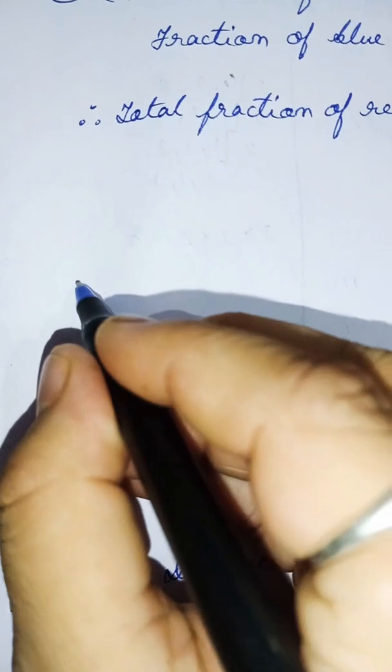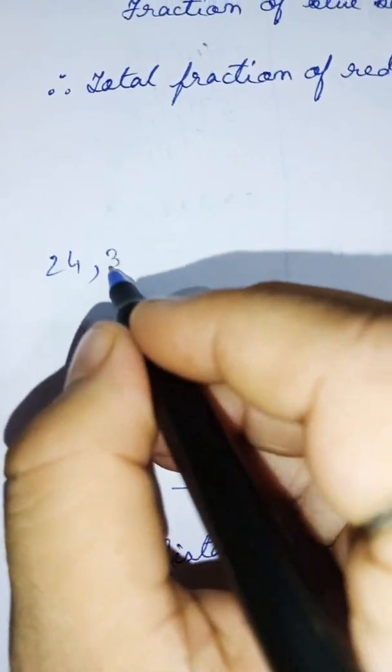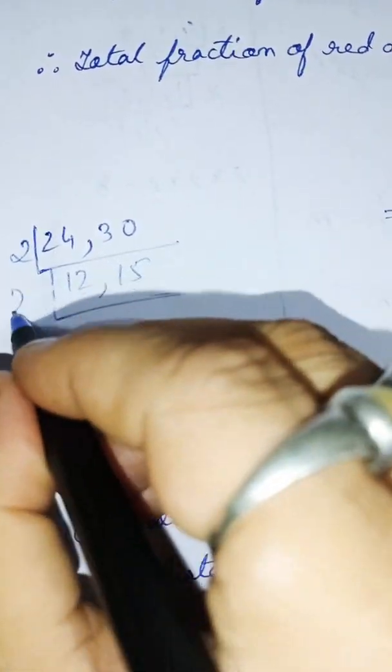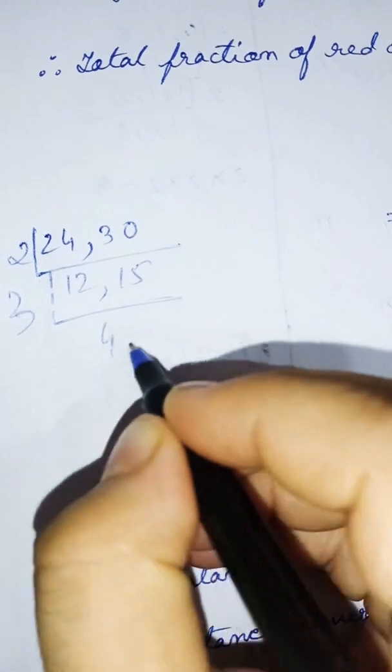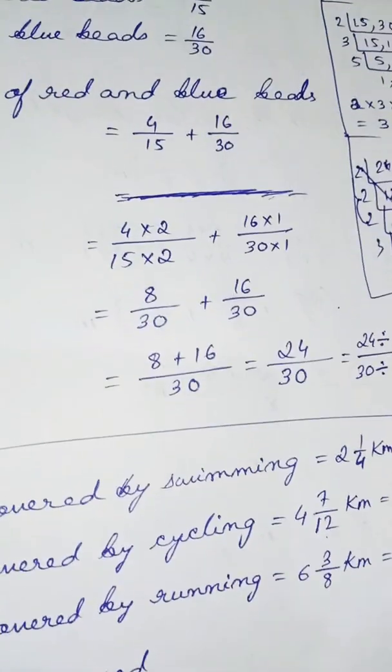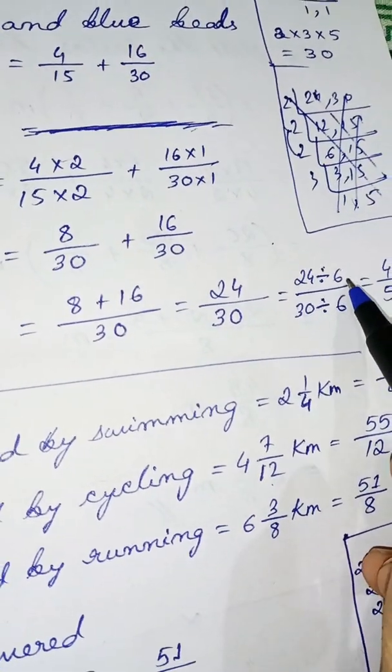You have to find the HCF. So the numerator is 24 and the denominator is 30 here. If I find the HCF, 2 12s are 24, 2 15s are 30, and then 3 4s are 12 and 3 5s are 15, so no more divisible. So 2 into 3 is 6, and you get your divisor 6.